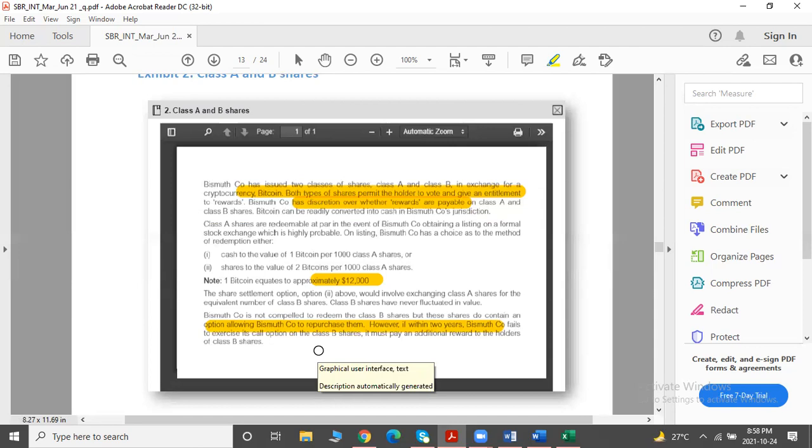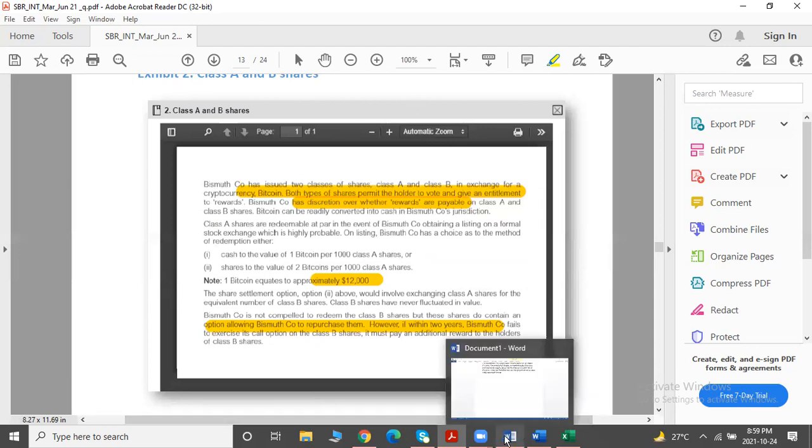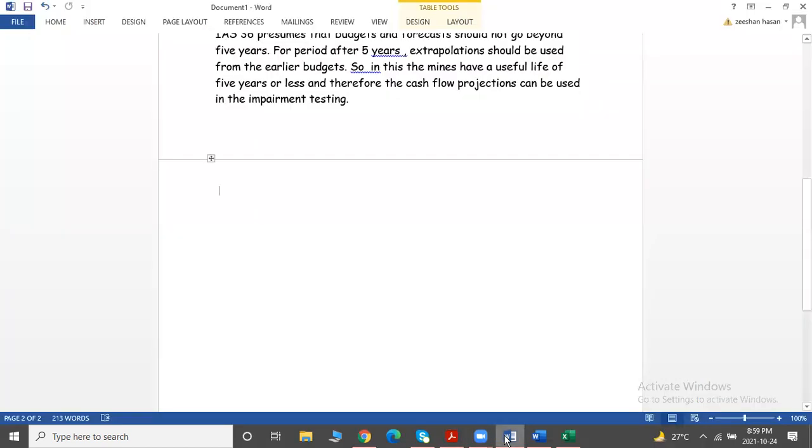Well, not a very difficult part, although for those who have watched my video on my YouTube channel regarding the cryptocurrency framework, this was a very easy question in the exam. They can do well in this question. Now, part B, let us discuss.